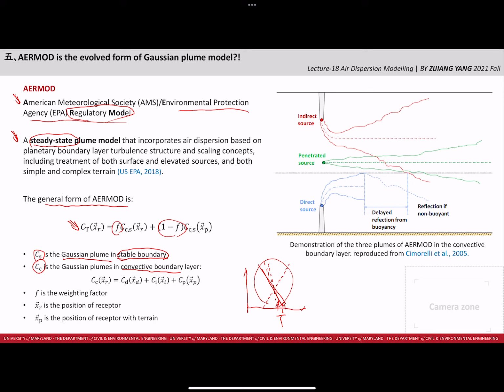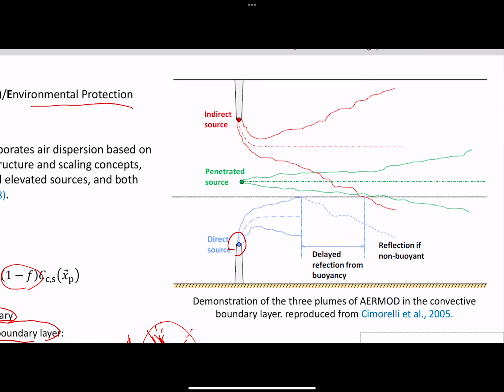And in the convective boundary layer, like when the temperature profile is like this, we have three Gaussian plumes. The one is a direct source. So this could be kind of like the traditional Gaussian plume. But we also have the reflection from the boundary layer, like the top of the boundary layer, we know that the temperature will decrease here and it will increase here.